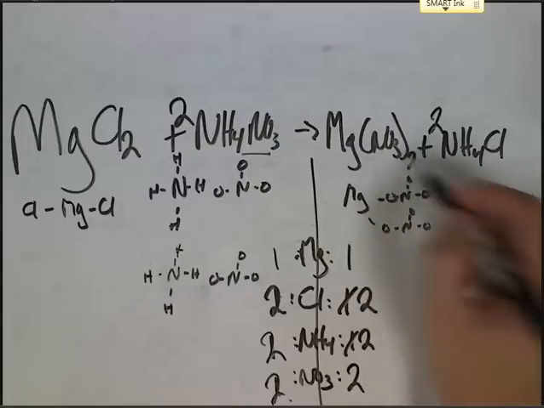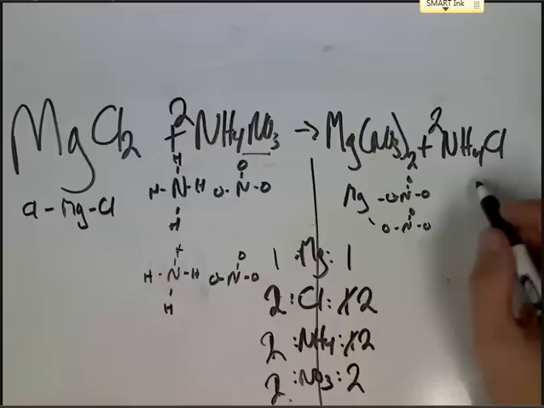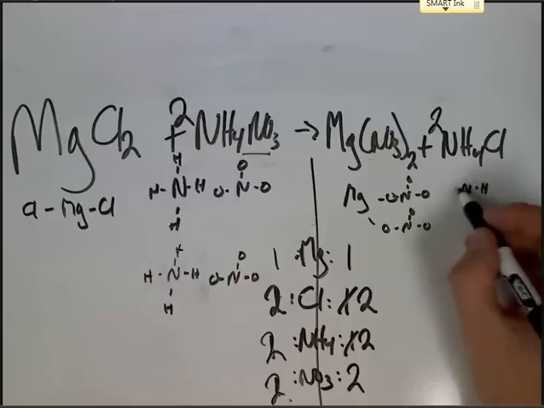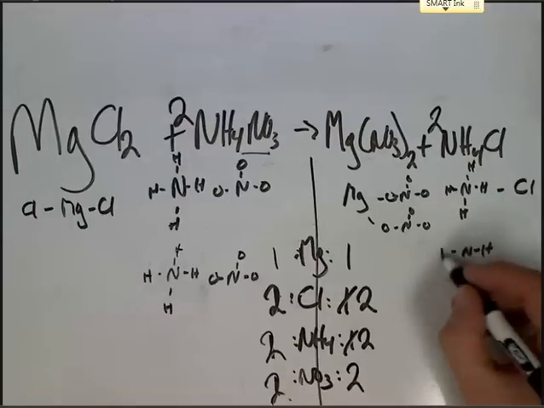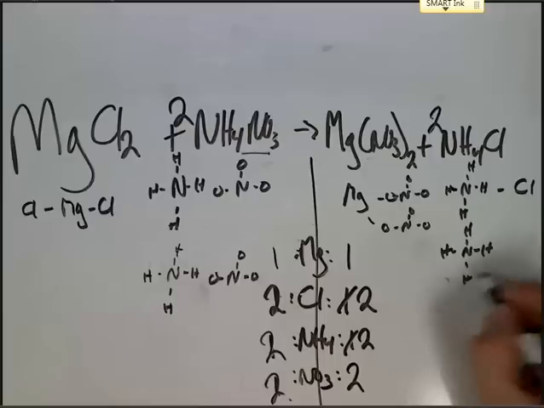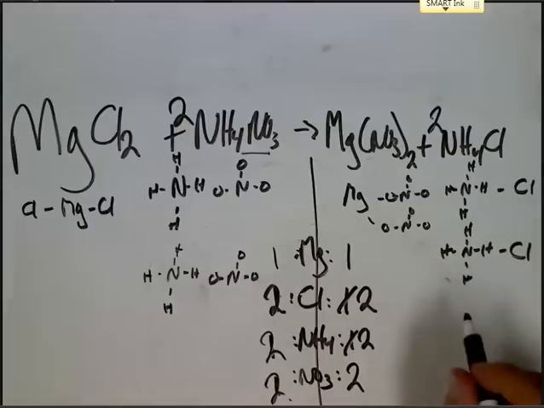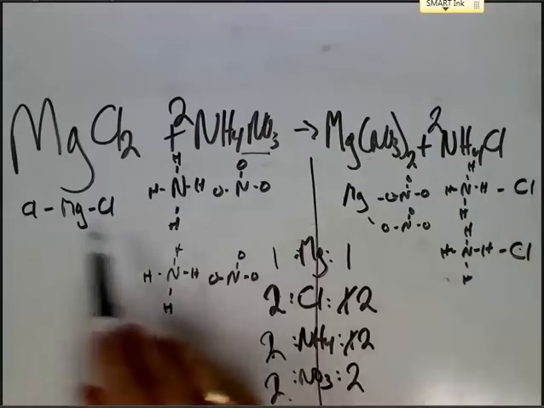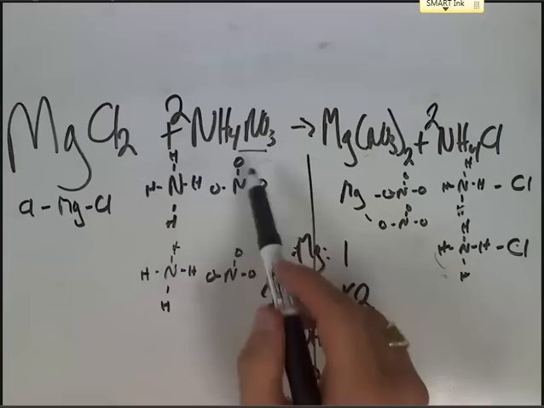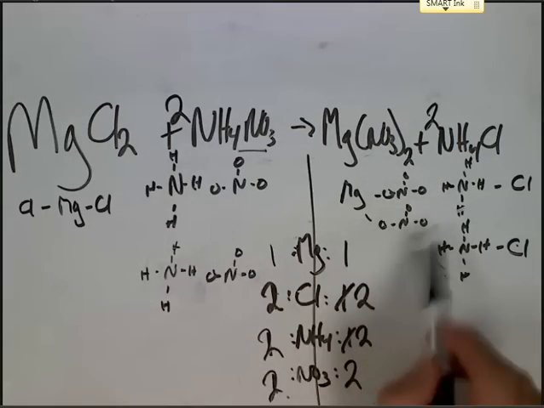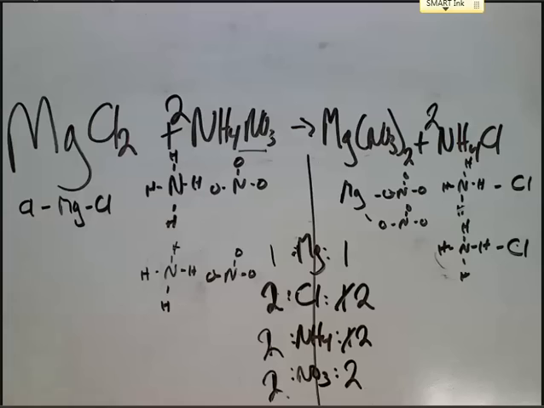And I only have 1 entire unit of that. Here, we've got 2 NH4s. And so we end up with equal numbers of compounds on either side. 2 chlorines, 2 chlorines, 2 ammoniums, 2 ammoniums, 2 nitrates, 2 nitrates, and magnesiums. Okay?